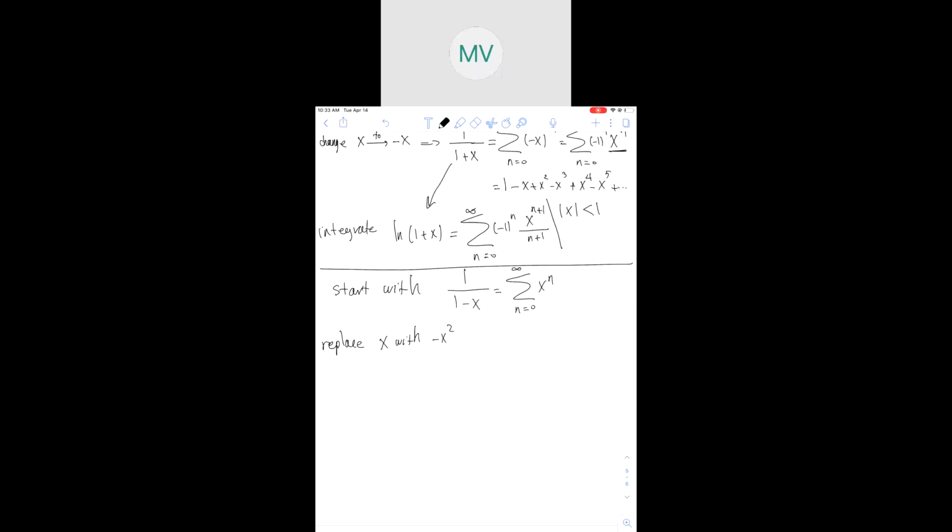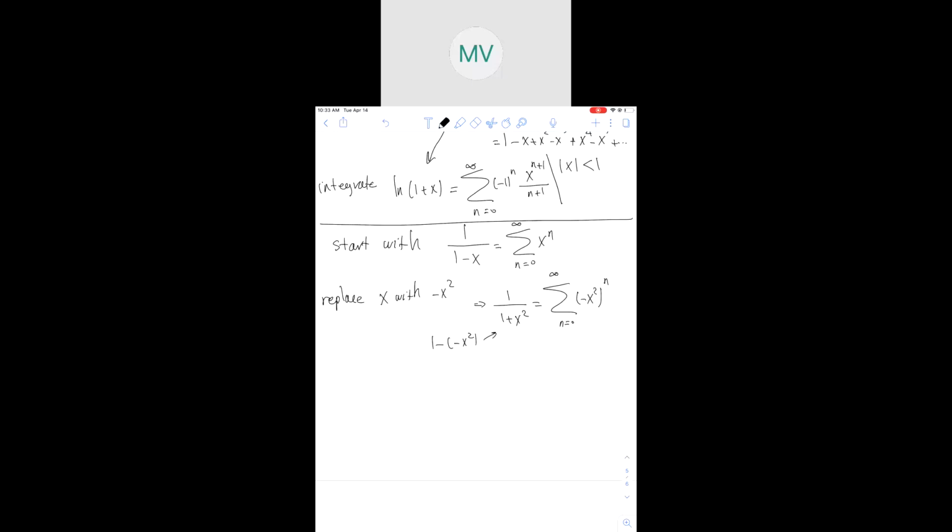Let's see what happens. If I do that, what do I get? I get 1 over 1 plus x squared, right? You replace x with negative x squared, that means you have negative x squared, which becomes that guy. Equals the summation, replacing x with negative x squared, from 0 to infinity.